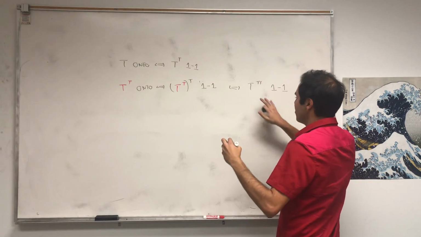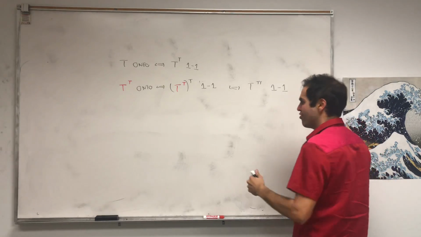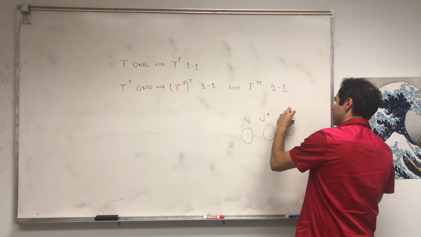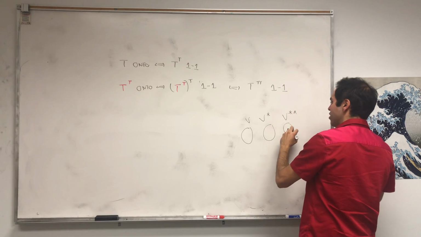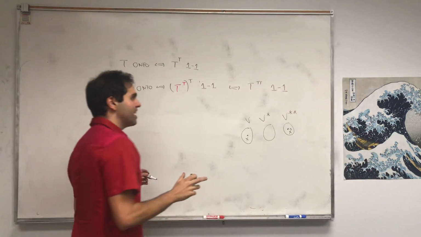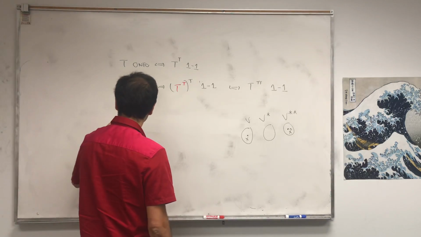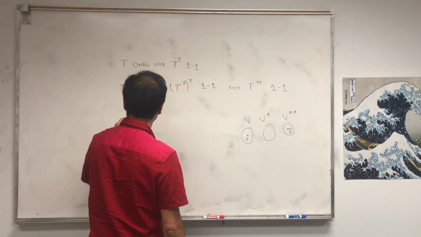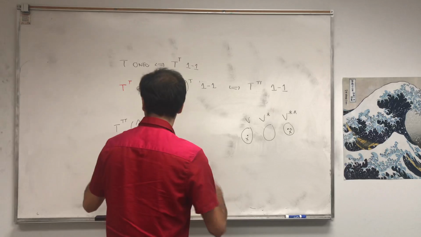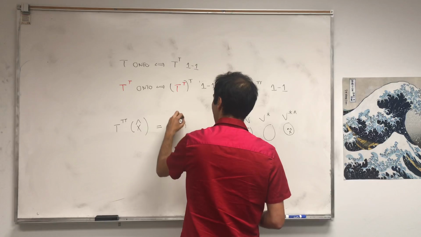So really, if you think of every element in V double star as x hat, then with that identification, T transpose transpose does become T. Because basically, what does T transpose transpose mean? It takes x hat as an input in V double star, and it spits out T of x hat.